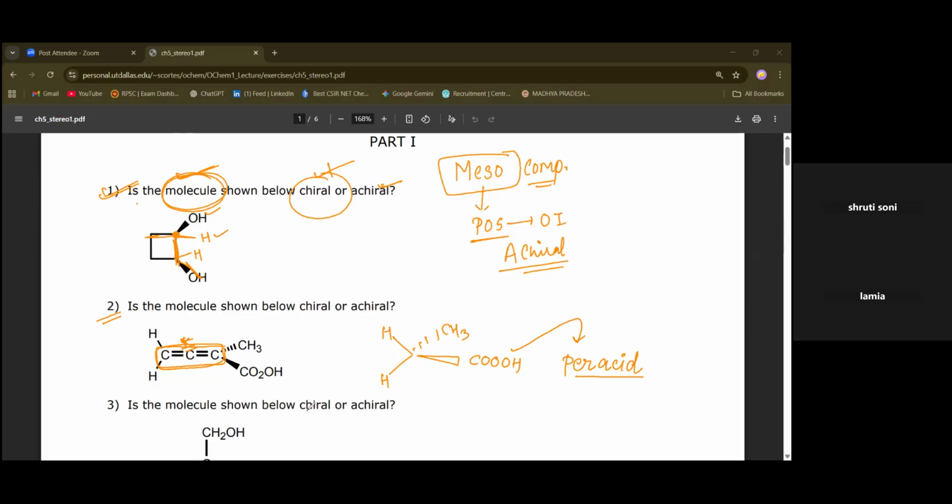Okay, now see this question, this organic compound. Is the organic compound chiral or achiral?